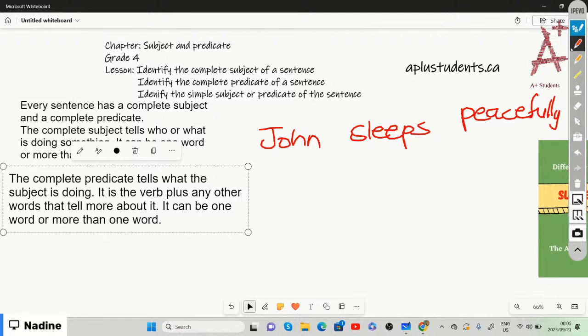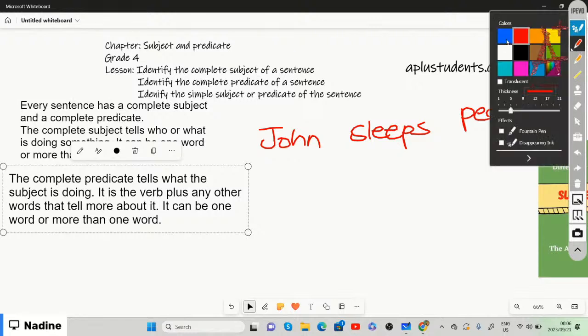So if that is our sentence and we need to identify the subject, because it says that the subject is who or what is doing something and can be one word or more than one word, which means that John is then our subject. So John is our subject, and it tells us who or what is doing something.